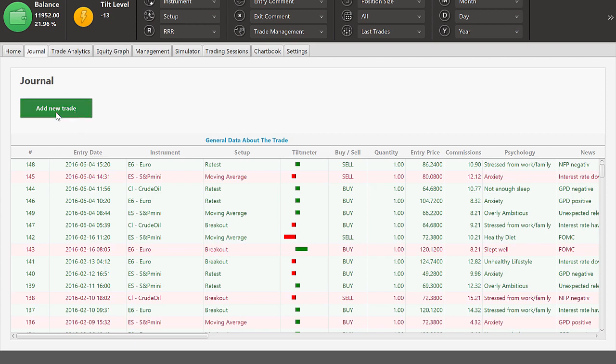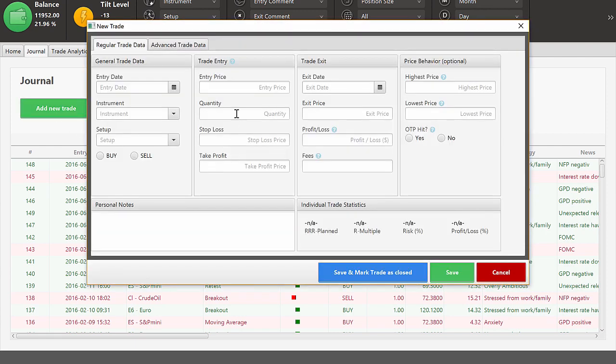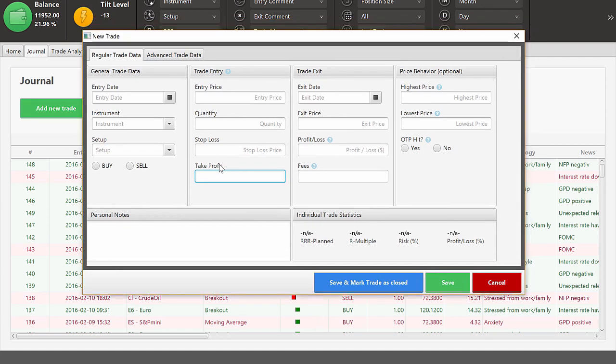So what I do when I add a new trade is that the original take profit is always the next pivot. So I put my take profit in my trading software to S3 or R3 depending on direction, but in Edgewonk I choose the take profit, or I record the take profit, as the next pivot.